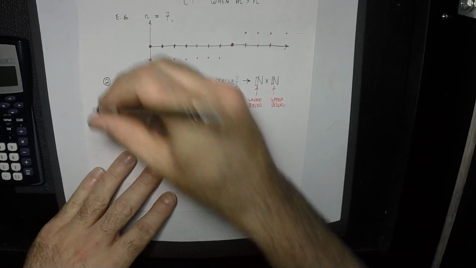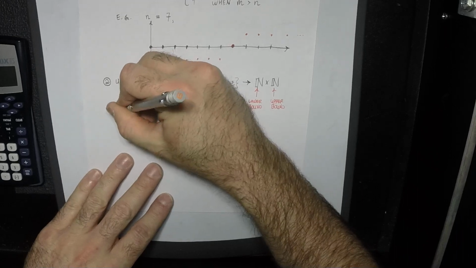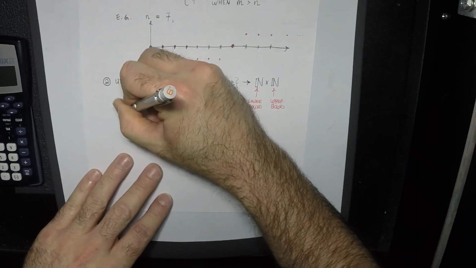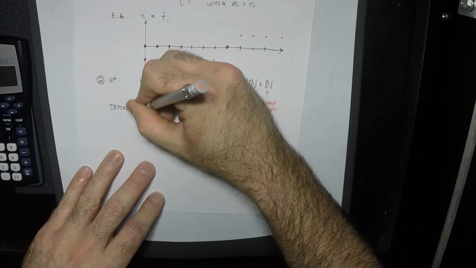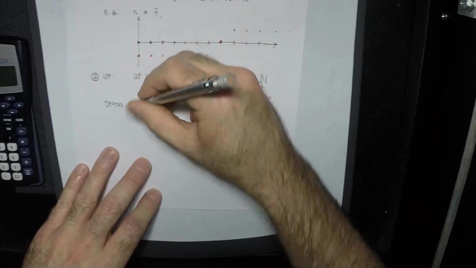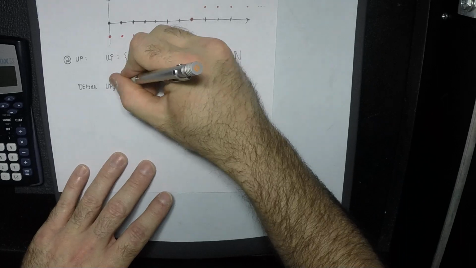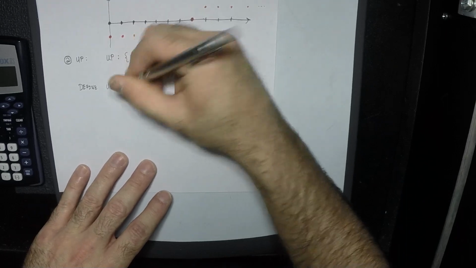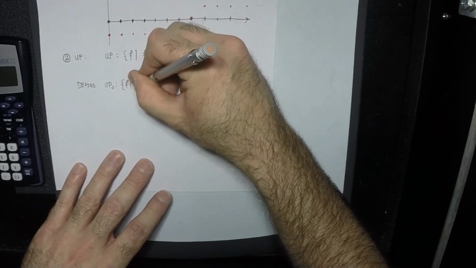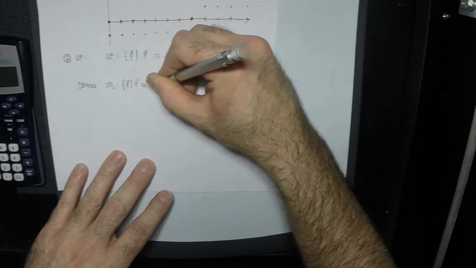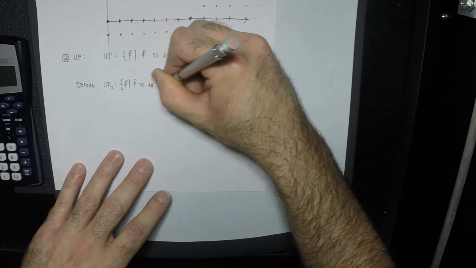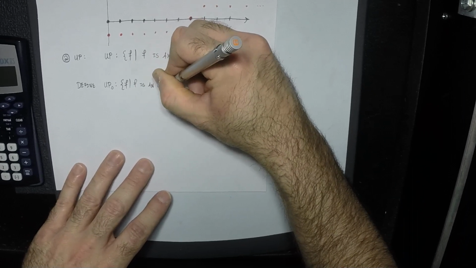Okay, so we'll define up 0. It is going to be a function from the set of all f such that f is an oracle.